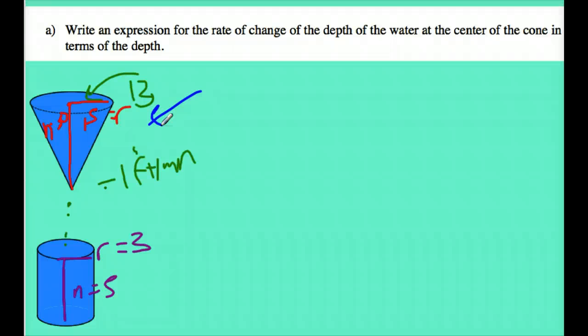Okay, so as we're doing this, I want to know this depth. Well, the equation that would help us is to find out how much water this cone is holding. And so from chemistry, we remember that's equal to the volume. So what I have here is the volume is equal to 1/3 pi r squared h.